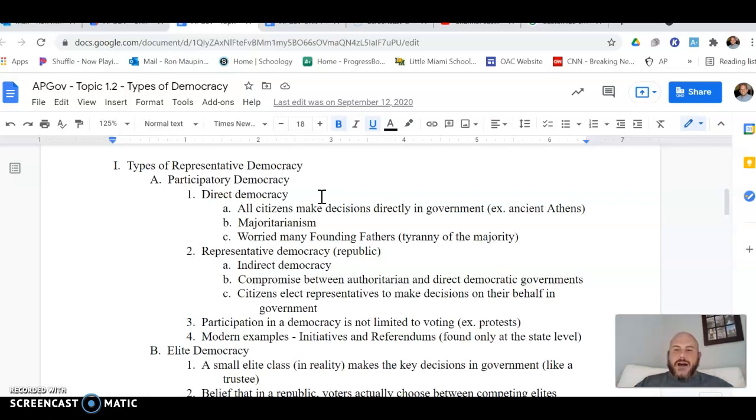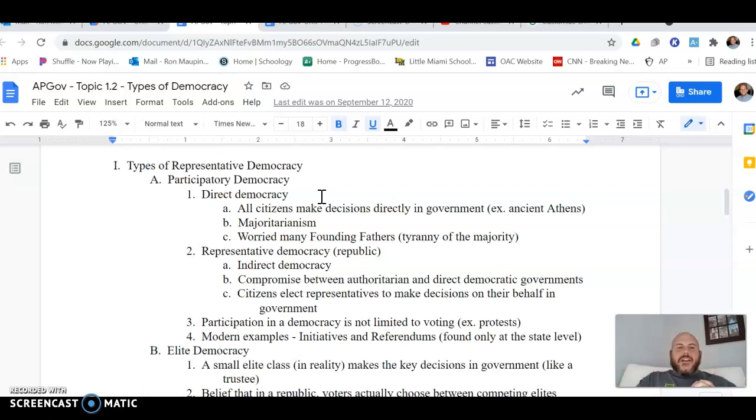A type of democracy that would not necessarily be under the control of the majority in all circumstances. Now, we'll get more into the details of how this is going to apply to the U.S. Constitution later, but just understand from a theoretical perspective that the founders were much more in favor of a representative democracy, a republic, not a direct democracy.